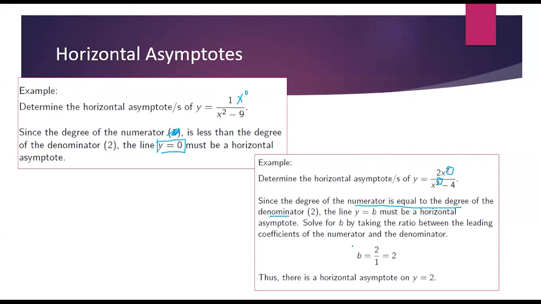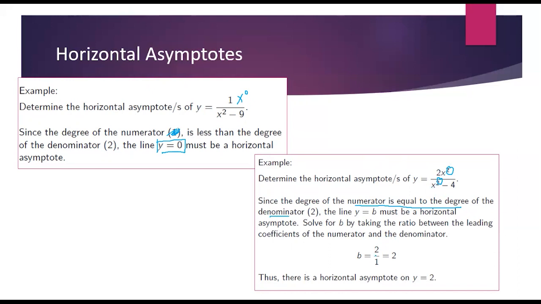This one is the ratio between the leading coefficients of the numerator and the denominator. For the numerator, the leading coefficient here is 2, because this is the coefficient of the variable with the highest power. And the leading coefficient of the variable in our denominator must be 1, because this is the coefficient of the variable containing the highest power, which is 2.